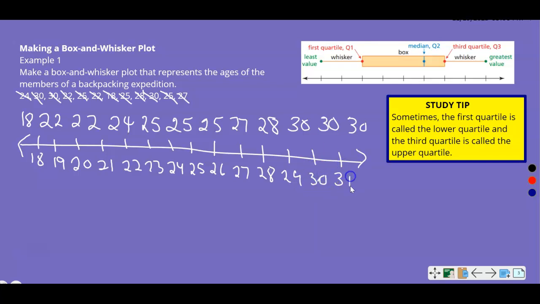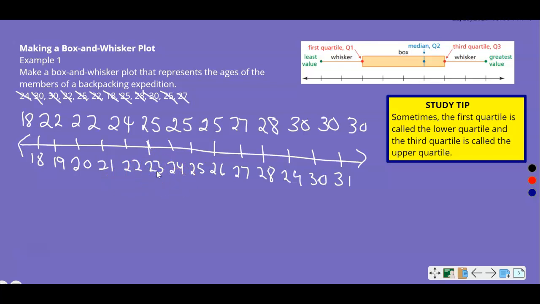And I can even go one past there. Doesn't matter, but it at least includes all the numbers from our data set.